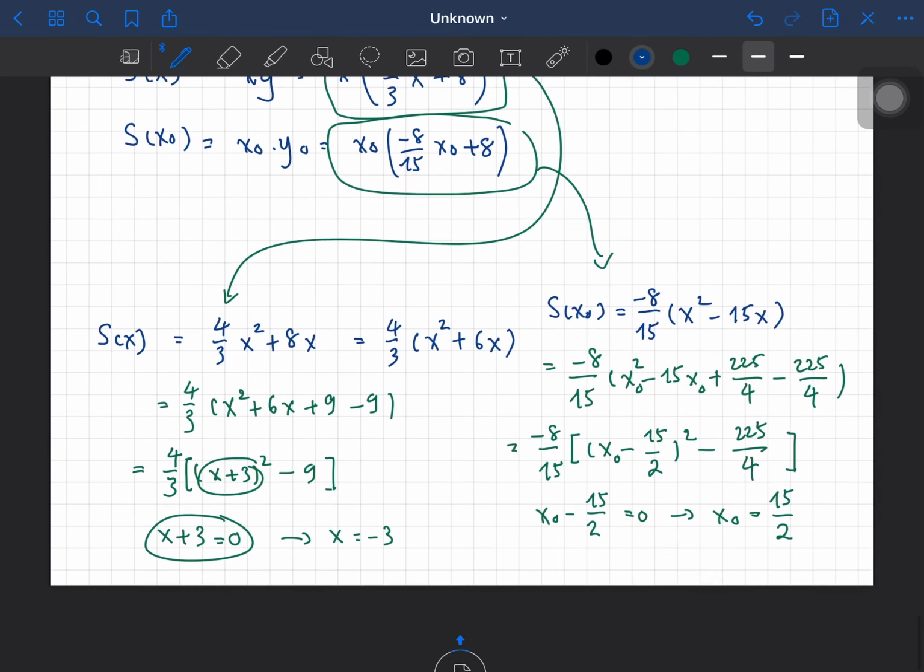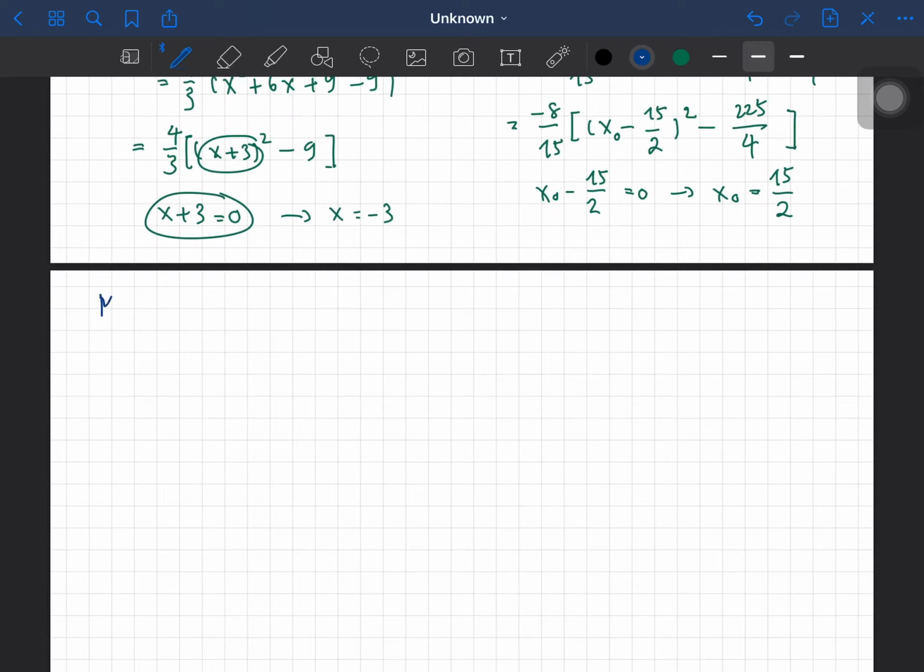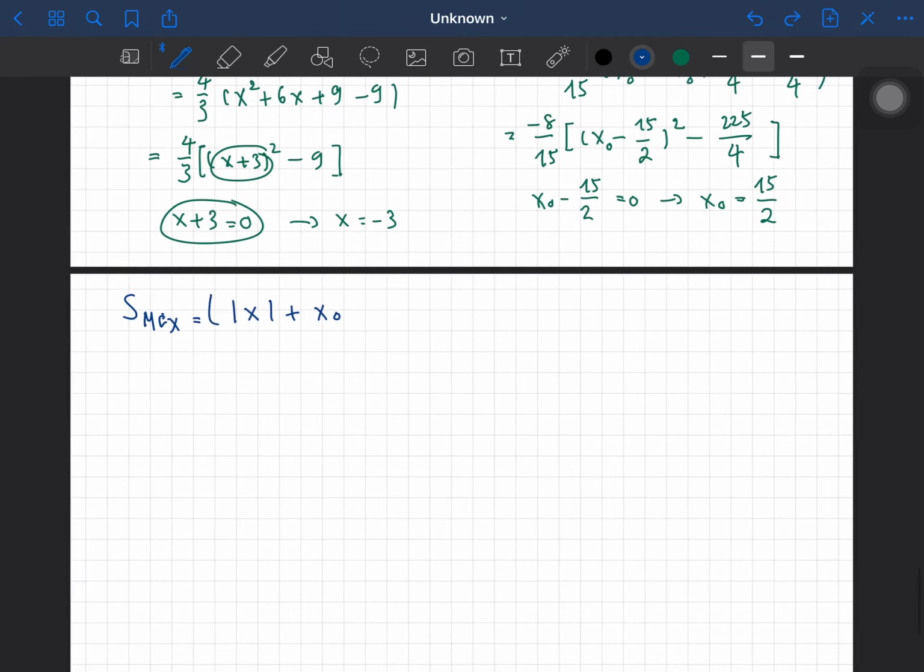So in conclusion, the maximum area of the rectangle equals the modulus x plus x naught, multiplied with y, which also equals this entire expression multiplied with y naught.